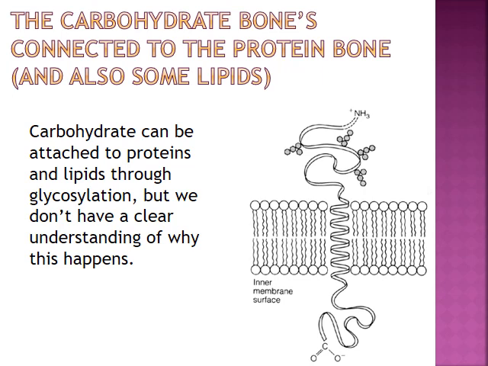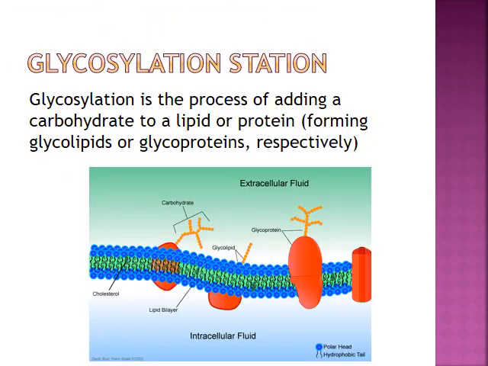Glycosylation is the attachment of a carbohydrate. So if we add a carbohydrate, we glycosylate a protein. It's no longer just considered a protein. Now it is a glycoprotein. Because why not? We add a carbohydrate, we'll add glyco to the prefix. If we add a carbohydrate to a lipid, it's called a glycolipid. That's just terminology.